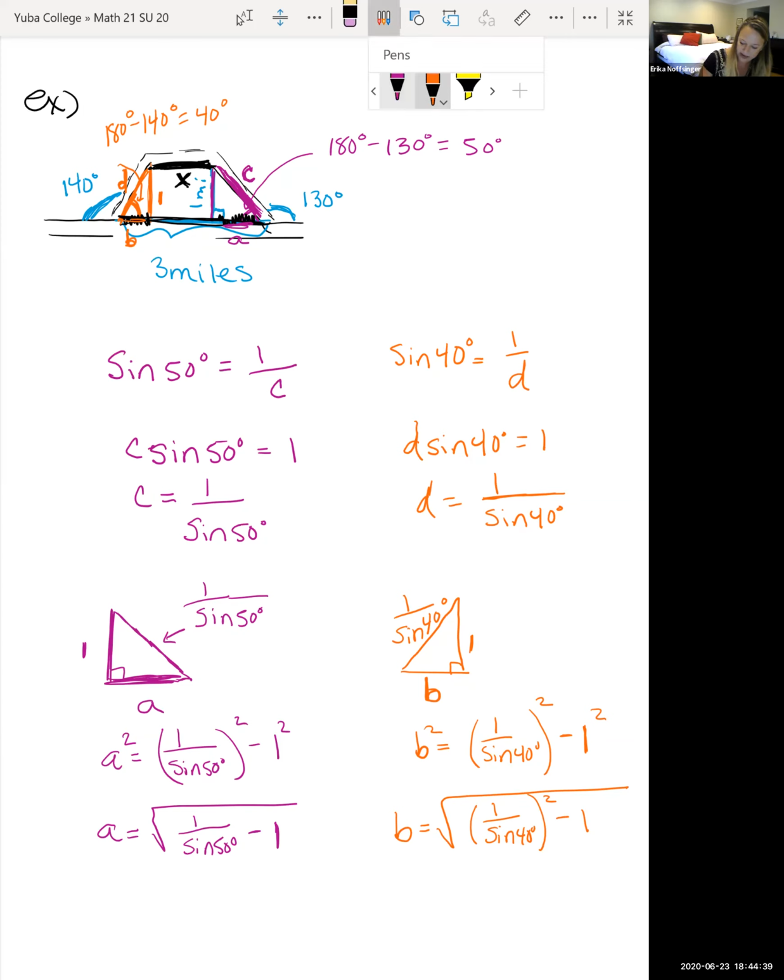So basically my side x, that length I need to figure out, well, I know this whole length in here is 3. So x is equal to the whole length of 3 minus a minus b.